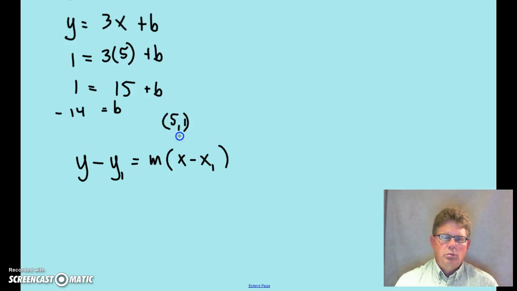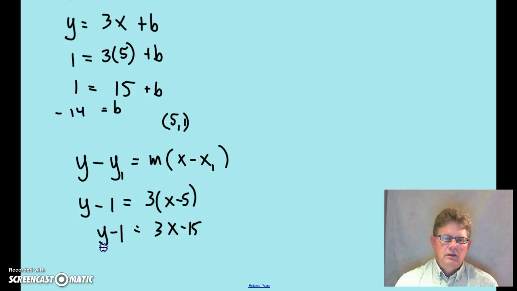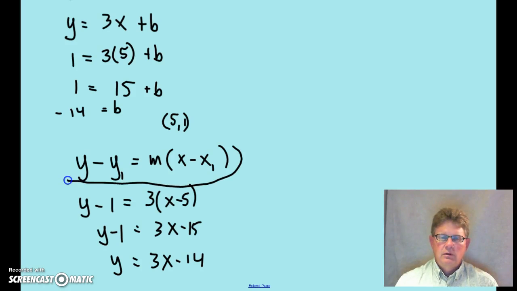We knew the slope was 3, so y minus 1 equals 3 times x minus 5. Y minus 1 equals 3x minus 15. Add 1 to both sides. Y equals 3x minus 14.